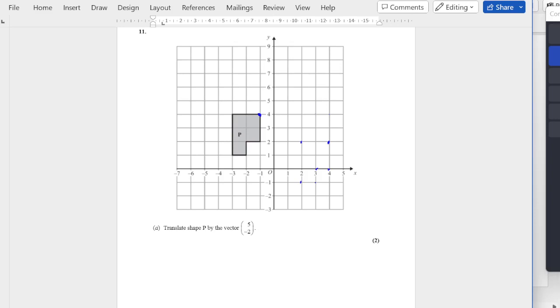So my shape is going to look like, I'm trying to draw it with a ruler. I would have preferred an on-screen one, but there we go. So that's my shape. It doesn't tell us to label it anything, so I'm going to say that's absolutely fine.